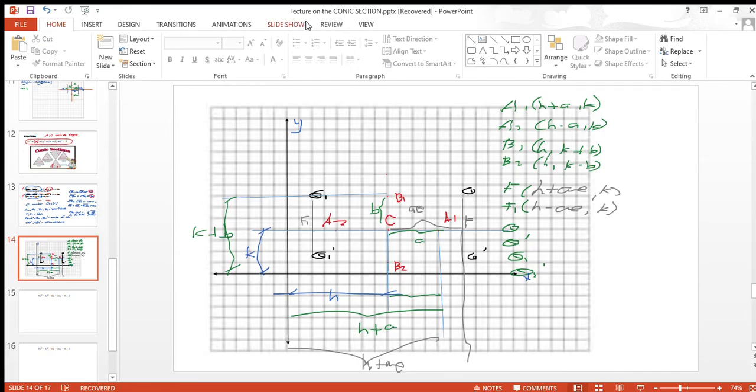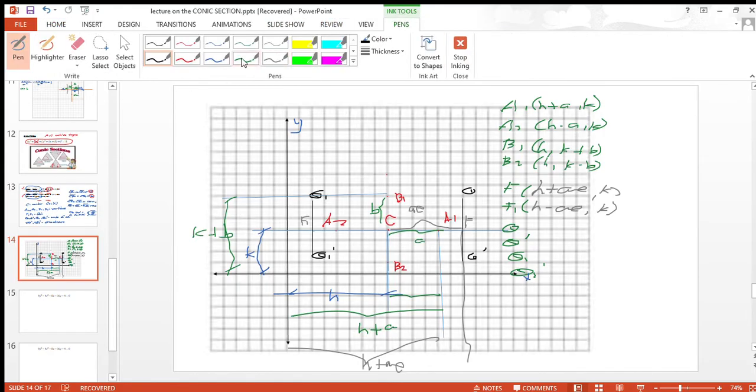Before we proceed, there's one more thing that will be added for our hyperbola. And what is that? If we now draw lines passing through the vertices, so that's a line passing through B1, a line passing through B2, a line passing through A1, a line passing through A2.